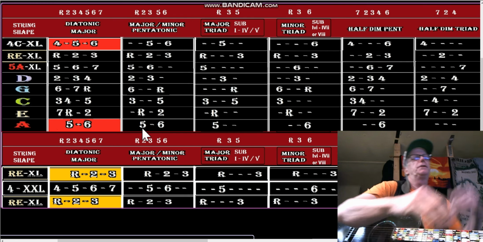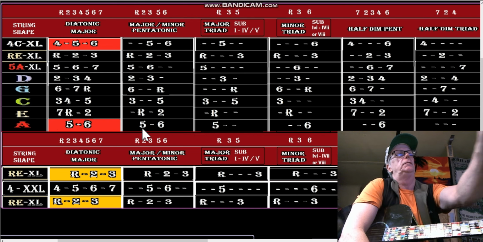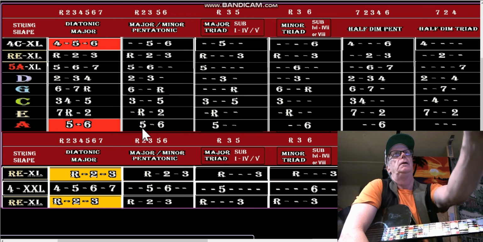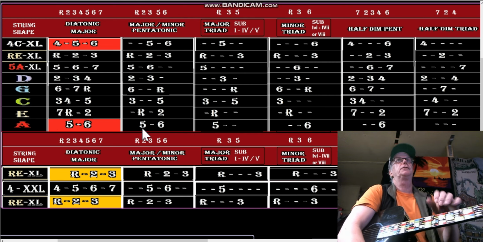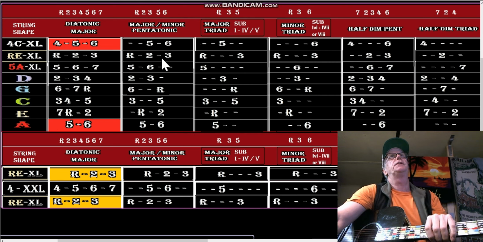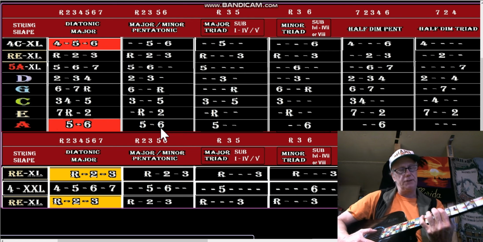Okay, so right there, you still can't pin a dominant on it. So we're just going to call it major minor pentatonic. It's the 5th major pentatonic. It's not the dominant unless you play the actual diatonic.